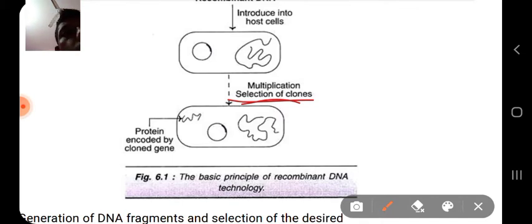Or the blue white screening, which we will see in the pUC vector, where we have inserted the lacZ alpha gene, which interacts with beta galactosidase to create a blue product.